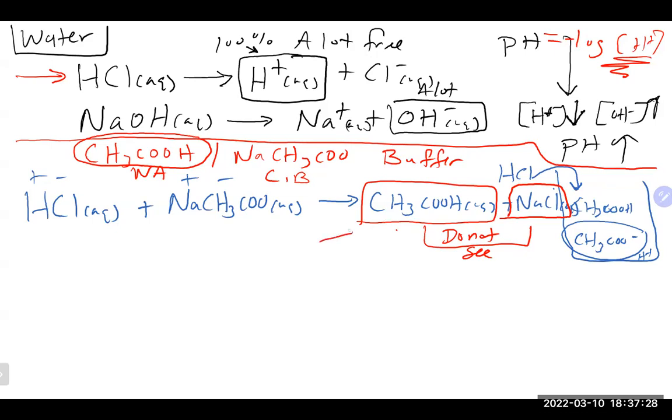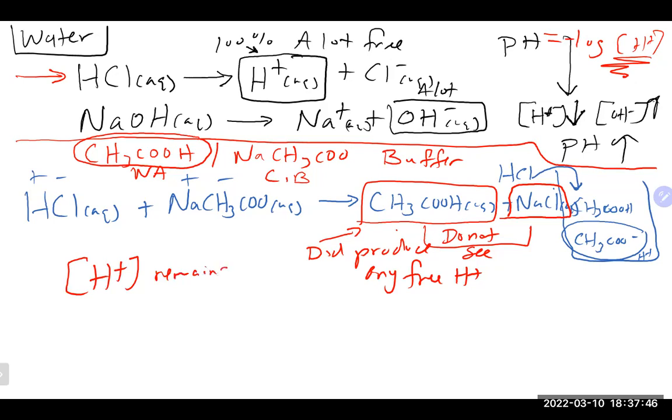Here, we did not produce any free H plus, which means that the concentration of H plus remains relatively constant, right? And if the concentration of H plus stays relatively constant to where it started from, that means my pH will also remain relatively constant because we didn't produce more H plus, right?